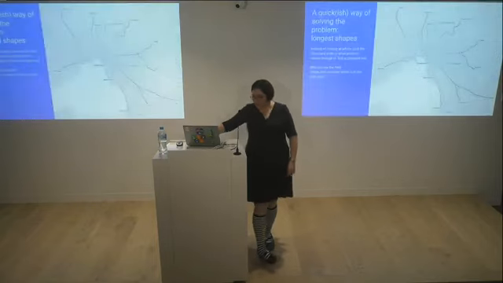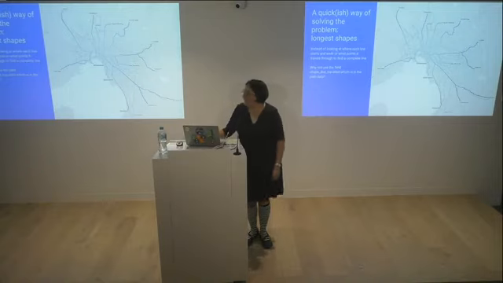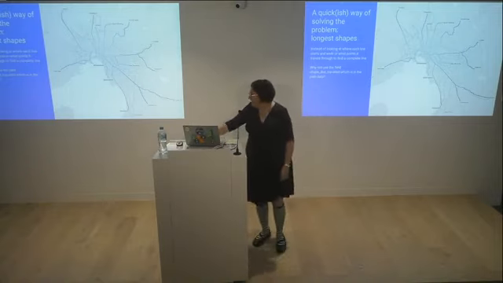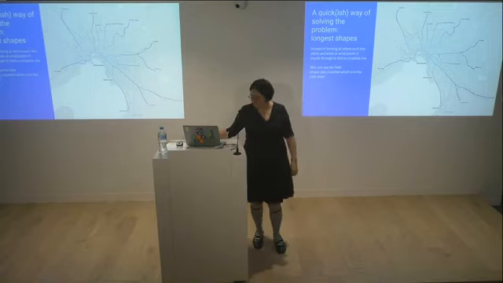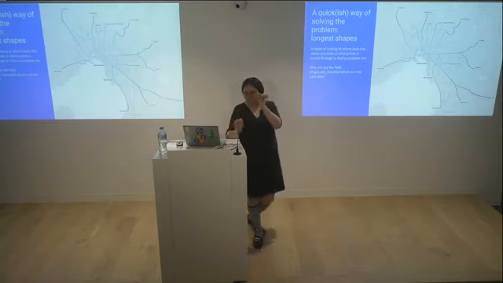So I stumbled upon a quick-ish way of solving the problem, which caused other problems, but we'll talk about that. In the shapes file, there is actually a field called shape distance travelled. For each of the points, it has how far along the line you've gone at that point.